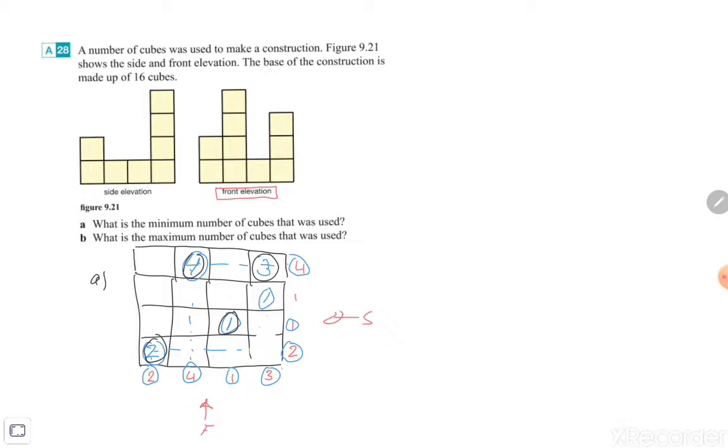Alright, because the base of the construction exists of 16 cubes, we need to put 1 cube in the rest of the squares. There you go, there's a 1, and there's a 1, there's a 1, there's a 1, and the last one is a 1.